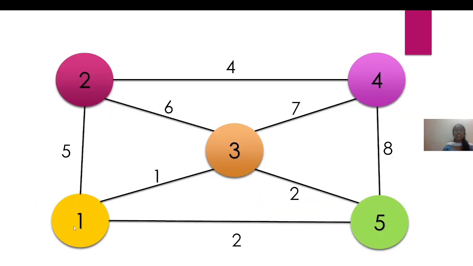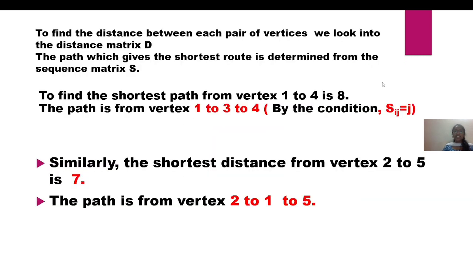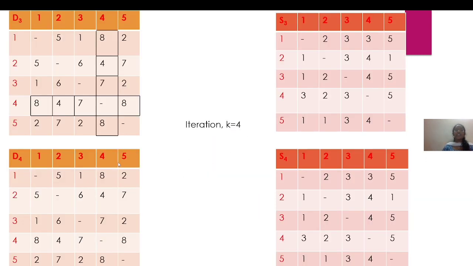Initially, we saw that there was no direct edge from vertex 1 to vertex 4, so we had written infinity. That infinity is changed to the shortest distance, that is 8.